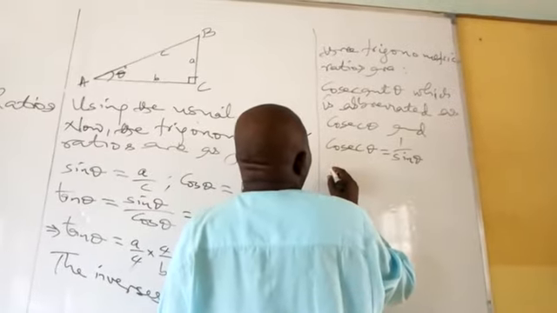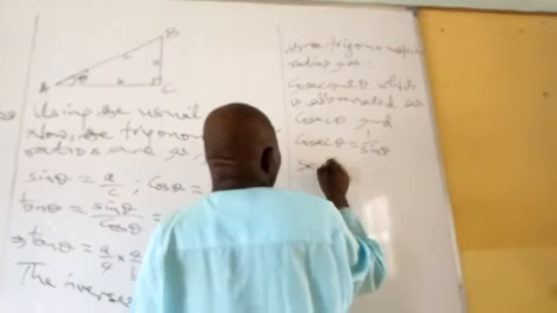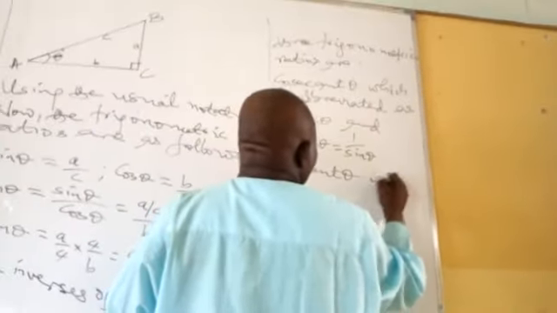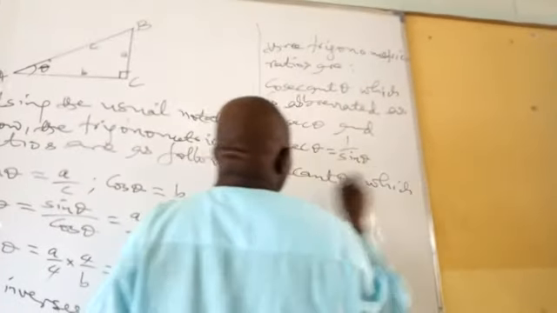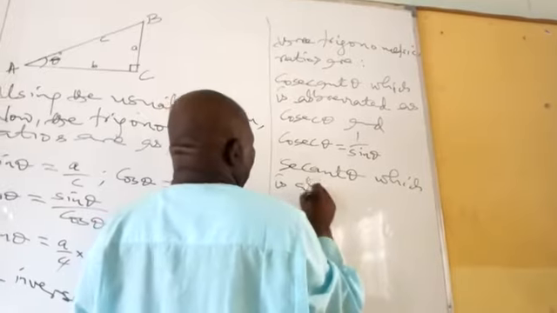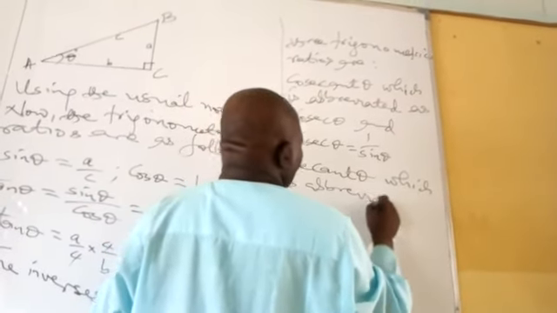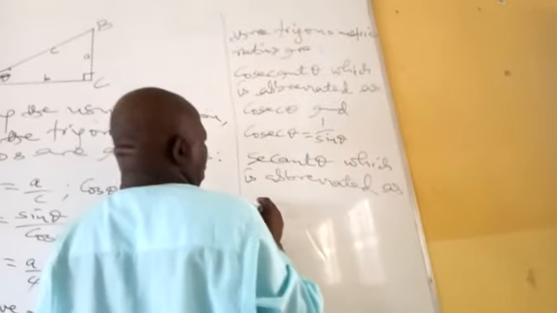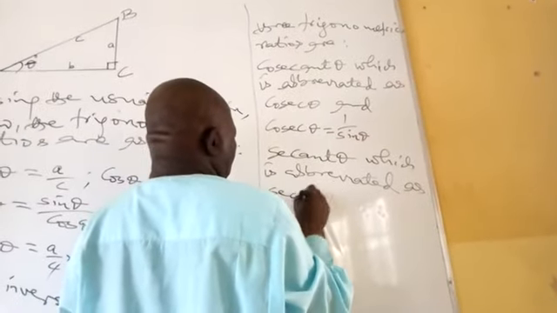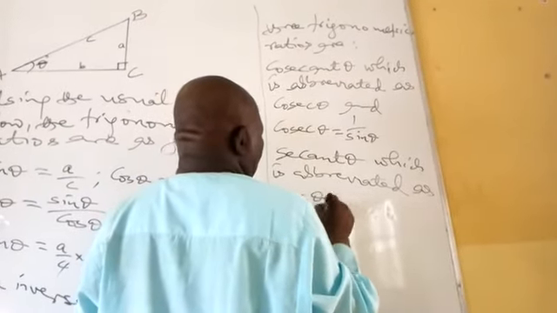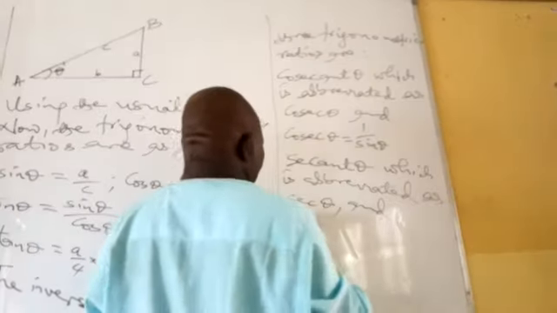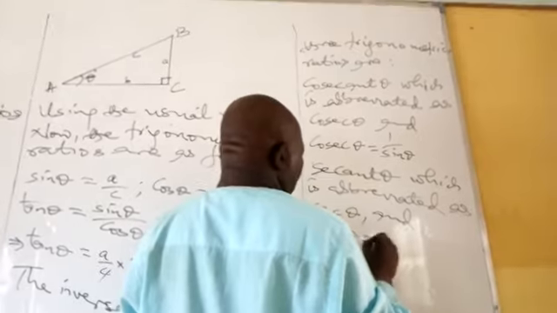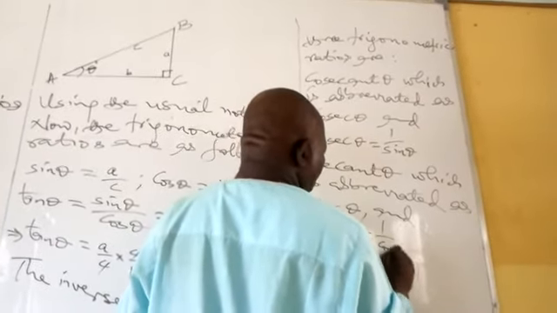Then we have secant theta, which is abbreviated as sec theta, and sec theta is equals to 1 over cos theta.